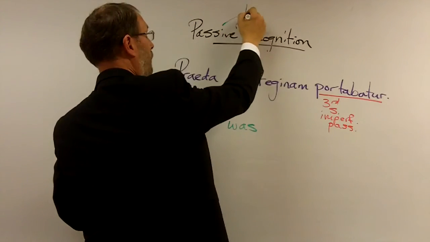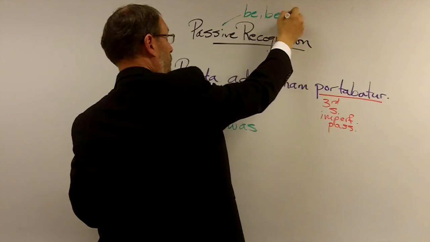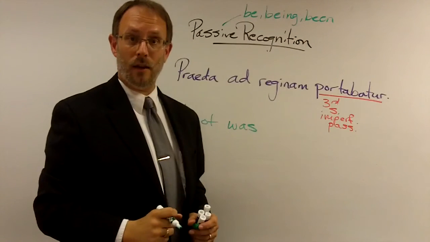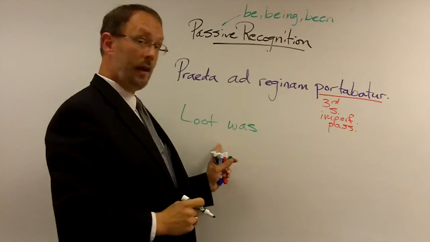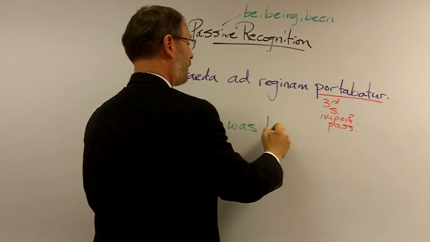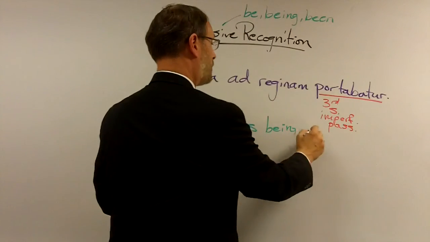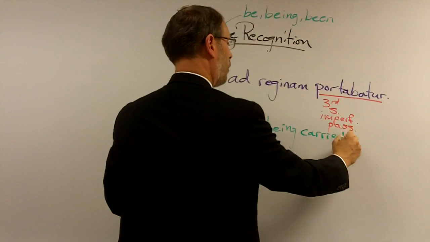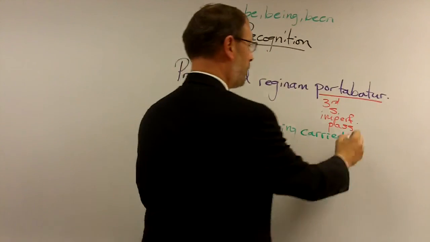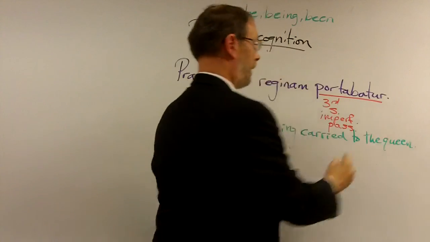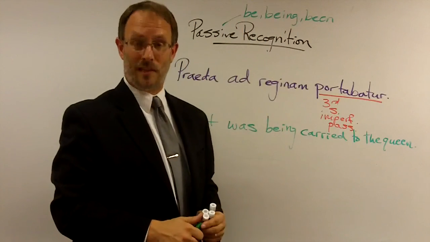For passive voice in English, we can use be, being, or been in our translation. We'll put that together. We have loot, was, being, whatever porto means, was being carried, where? Ad reginam, to the queen. And that's how to recognize passive voice for the tenses that we've had.